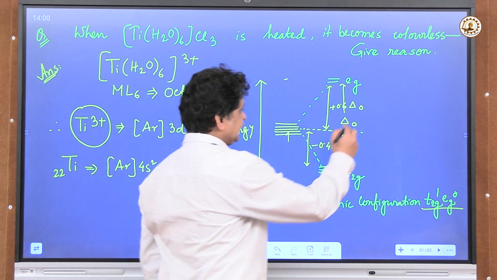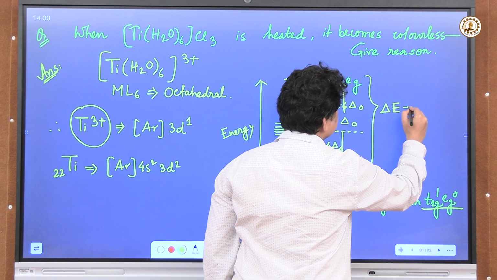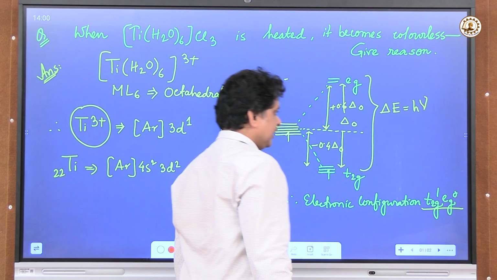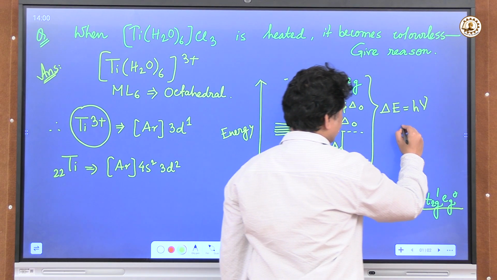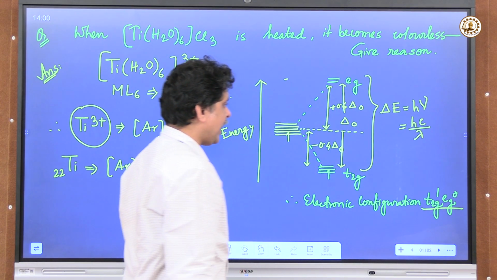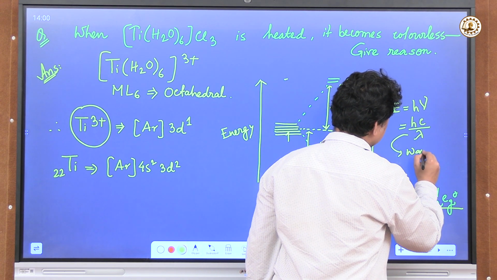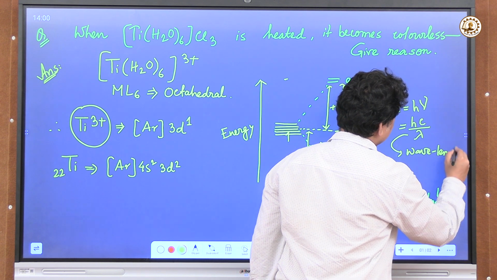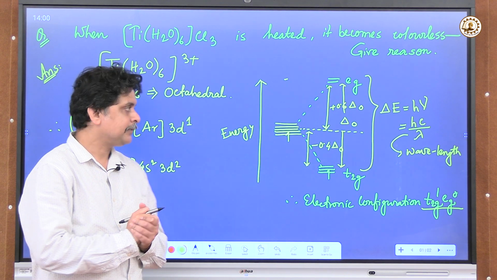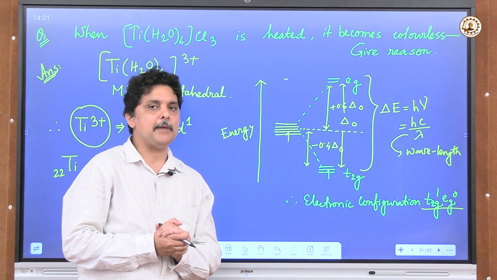Let's say this energy gap is delta E. This delta E can be written as h nu, Planck's constant times the frequency of a radiation, or we can say hc upon lambda, where c is the speed of light and lambda is the wavelength of the radiation.